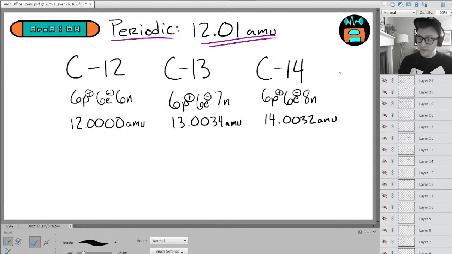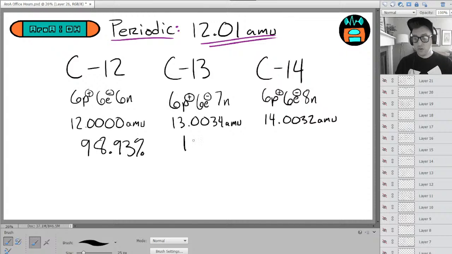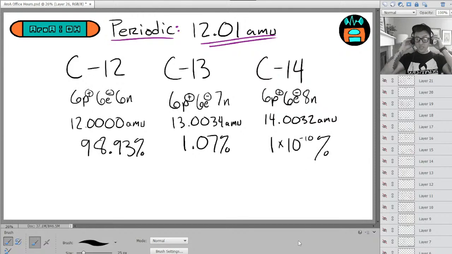So of all the carbon out there in the universe, 98.93% of it is carbon-12. Of all the carbon out there, 1.07% is carbon-13, and 1 times 10 to the negative 10th percent is carbon-14.